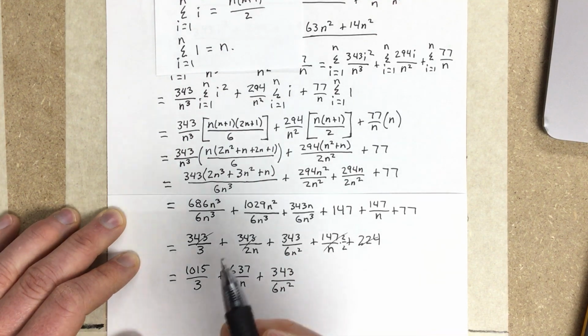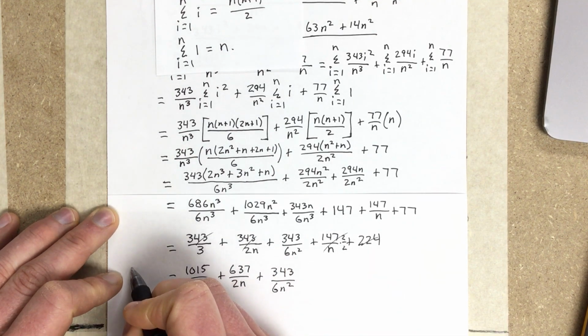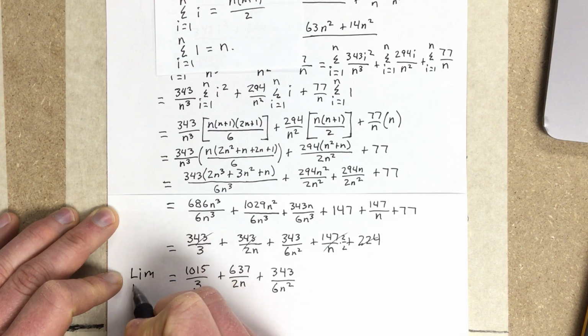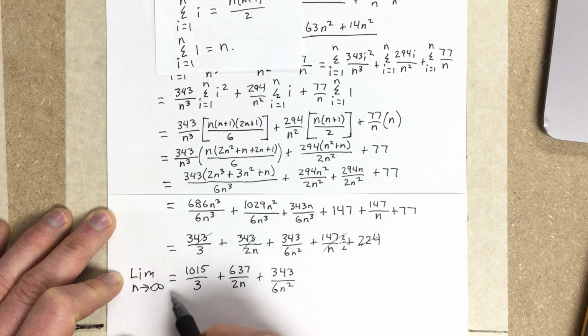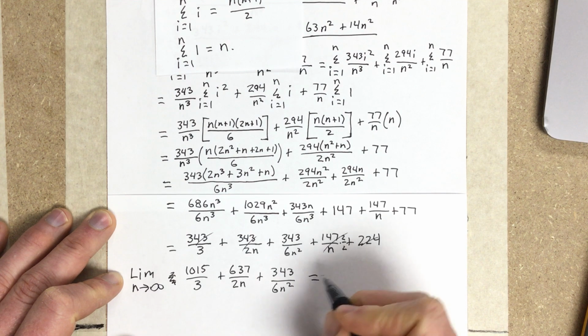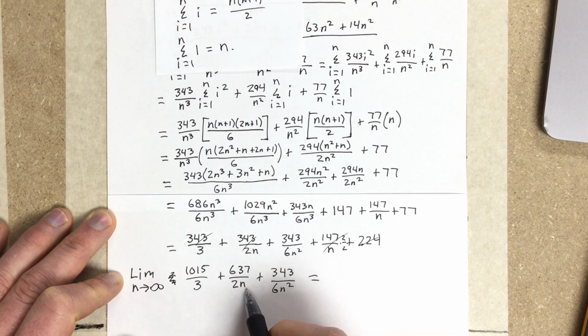Okay, now remember we were supposed to rewrite this limit as n approaches infinity the whole time. So we need to take the limit, and let's ignore that equal sign for a second, as n approaches infinity for this function here. When we do that, we put infinity in for n on both of those, and we have a small number divided by a really large number.